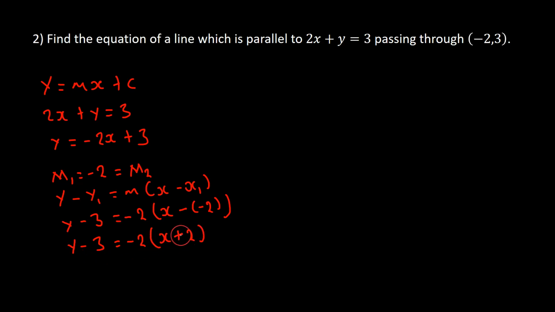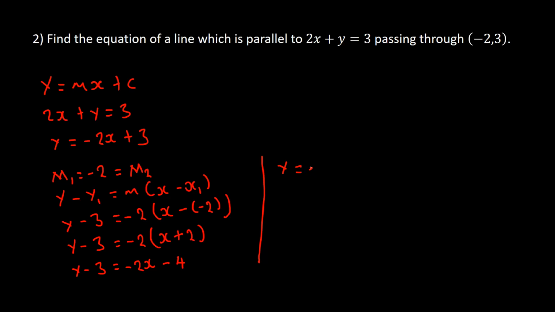And then expand what we have in the brackets by multiplying negative 2 throughout. We rewrite our y minus 3, and then we do the expansion. Negative 2 multiplied by x gives negative 2x. Negative 2 multiplied by 2 gives negative 4. Now this negative 3 can cross the equal sign so that we remain with the y on the left side.